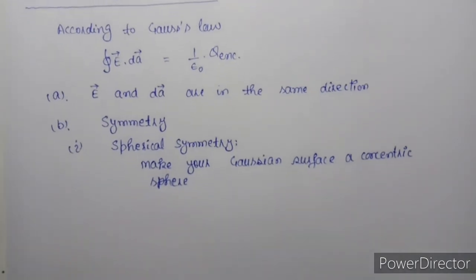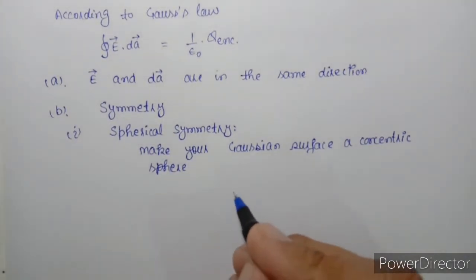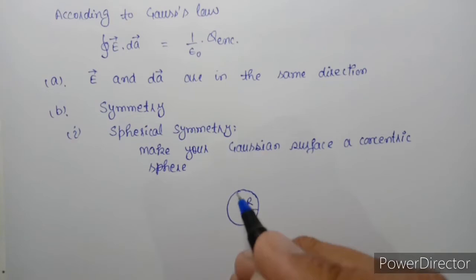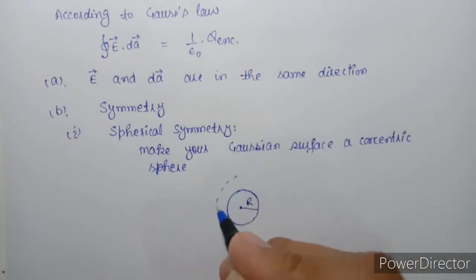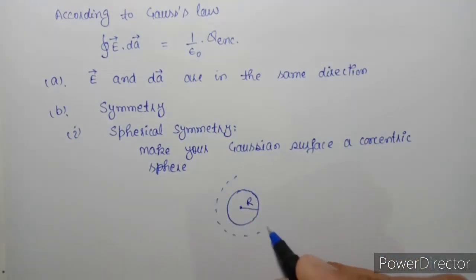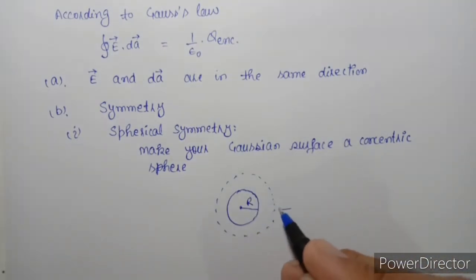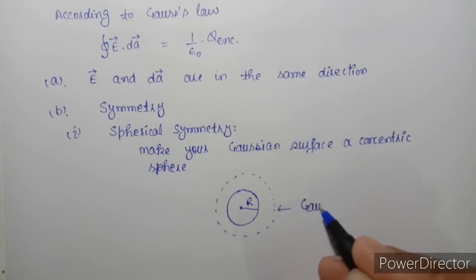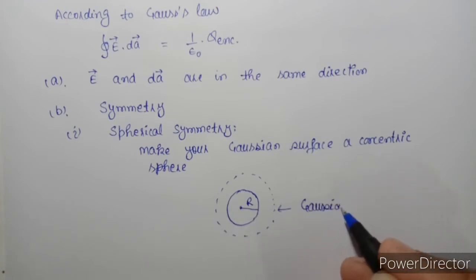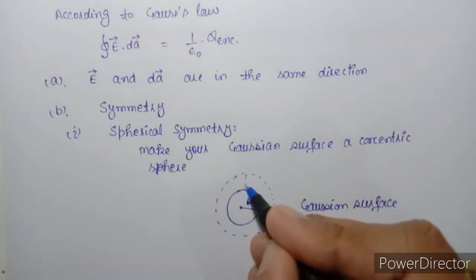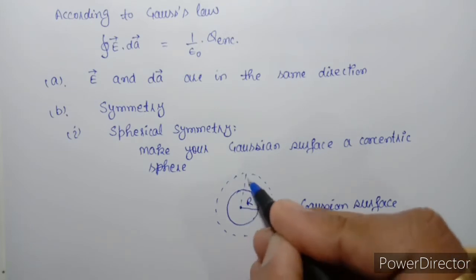Suppose the radius of the sphere is r, then here we have a Gaussian surface, and the radius of this is small r.